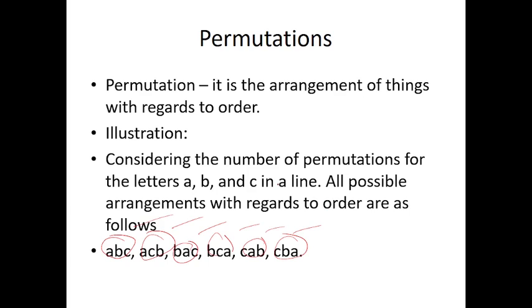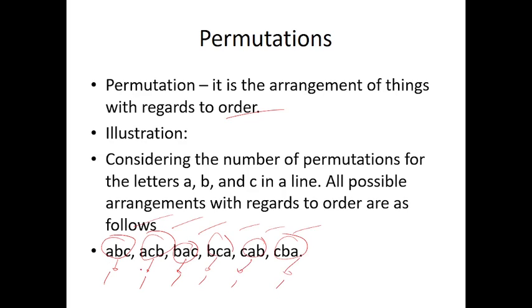Ibig sabihin niyan, binibilang yan with regard to order. So sabihin to, ABC, sa ganyang order, one count. Sa ganyang order, ACB, hindi niya kamukha yung ABC, another one count.